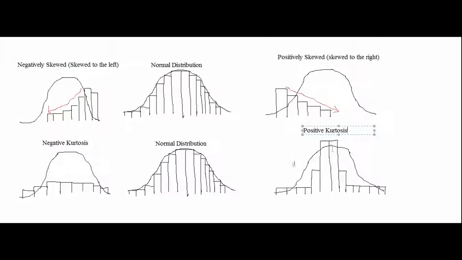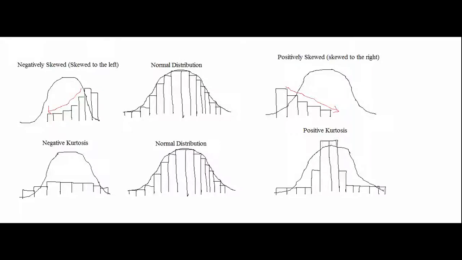And negative kurtosis is more flattened out like this. In a negative kurtosis, the heights of the bars are more similar. We don't really have a peak that stands out very much. But in a positive kurtosis, we have a peak that stands out a lot.